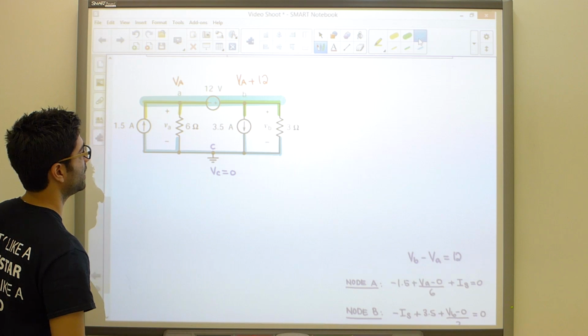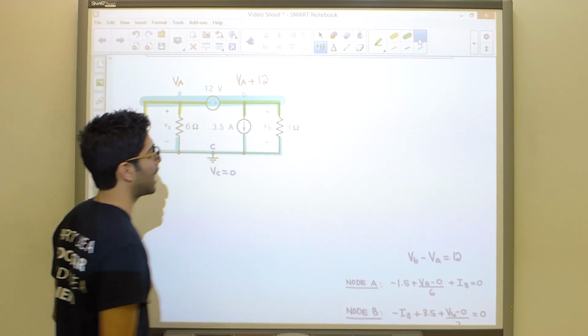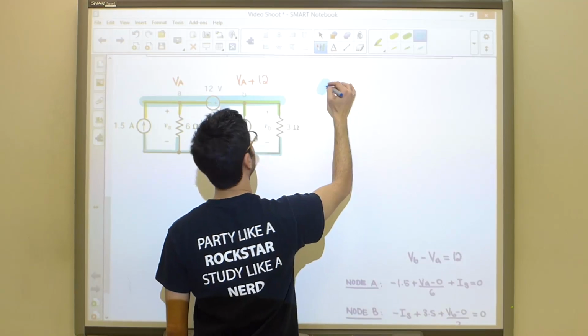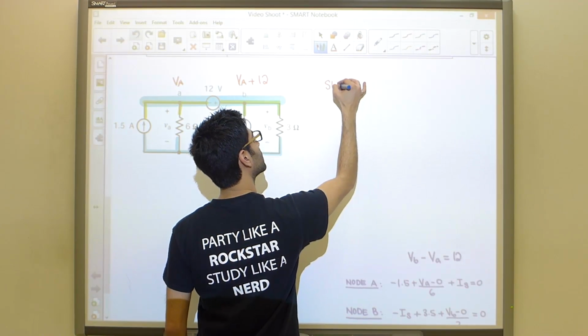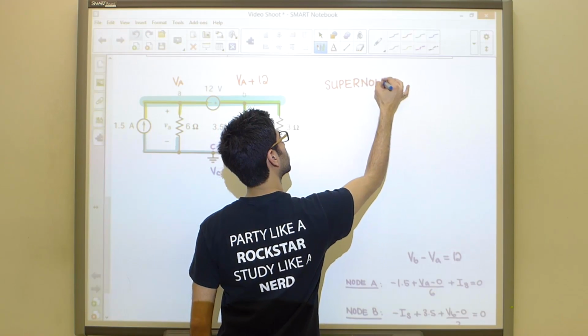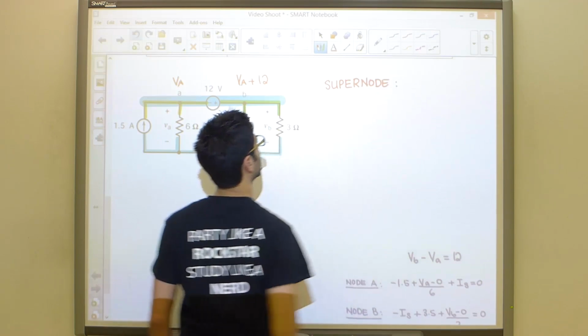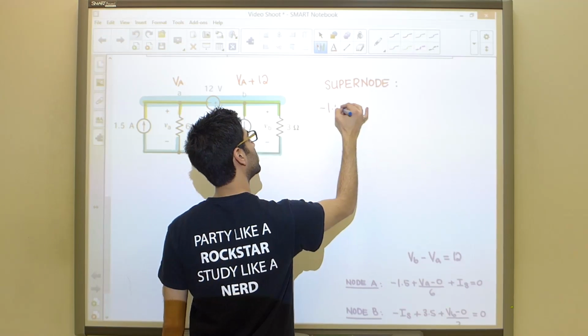So our equation is going to be what? We have 1, 2, 3, and 4 branches in our supernode. So let's do the work over here. Our first branch has a current coming in, so negative 1.5.